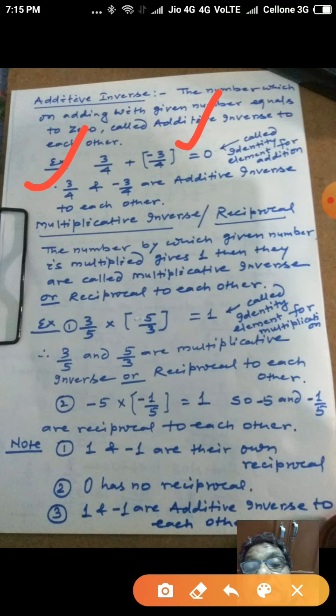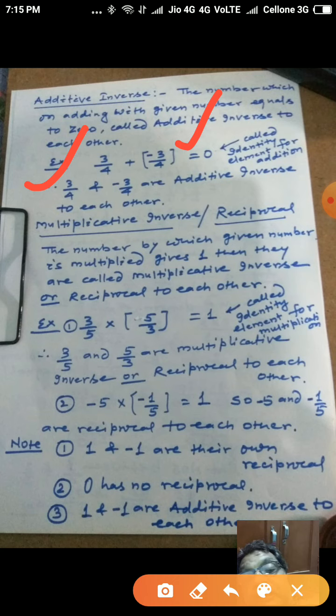Now come to another type of inverse, which is called multiplicative inverse. Its other name is reciprocal. The popular name is reciprocal. It is defined as, for a given number, that number which is called the multiplicative inverse or reciprocal, by which the given number should be multiplied to give the result 1.